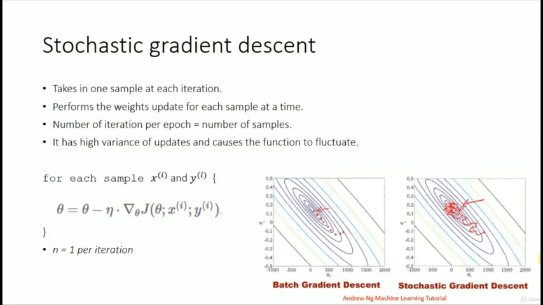Okay? So since you're doing this for one sample at a time, your graph would be very noisy at the end. Your loss function would be very noisy. So for example, you're going to have your loss function increase, decrease, increase, decrease, increase, decrease. So you're going to have a lot of noise in your loss function.